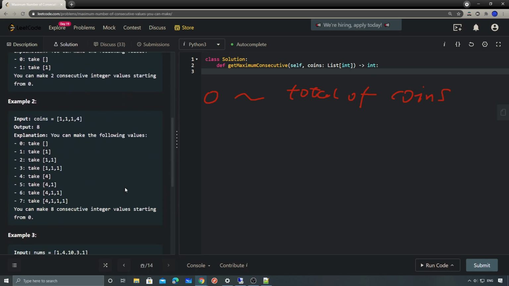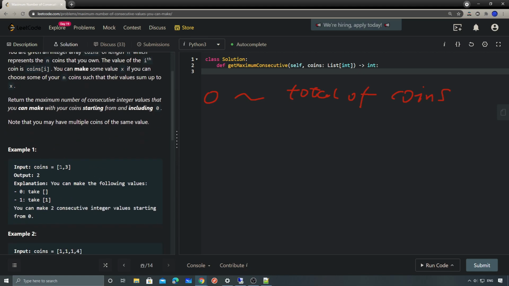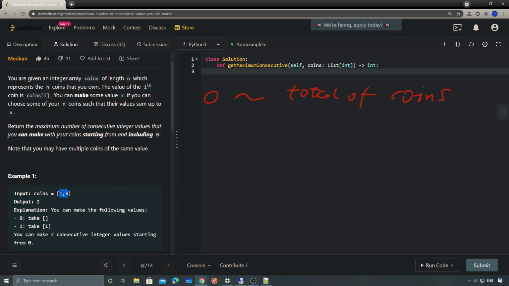At the beginning, when you look at this problem, you may think maybe I can use this as a knapsack problem. Basically, I try all the consecutive target values, and then I use the knapsack problem to solve each target x, and then we stop whenever we couldn't make that.